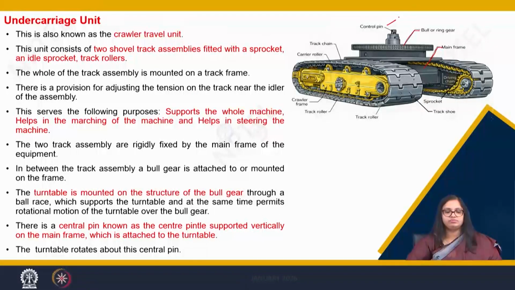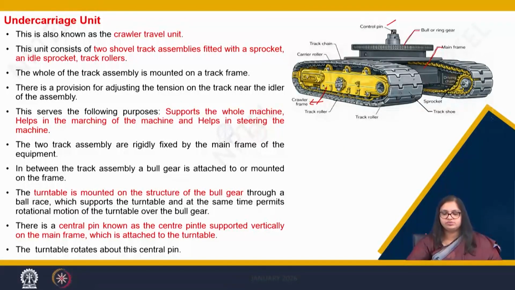Now, when we talk about this crawler unit, this main frame extends to the right side and left side, where we get a mounting unit something like this, which we call a crawler frame.